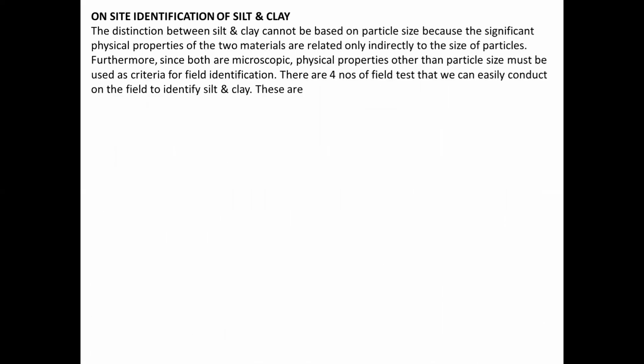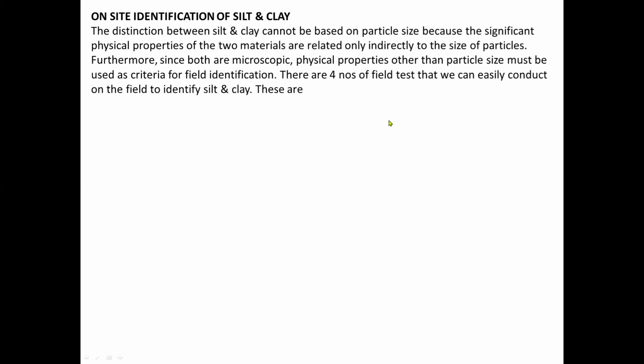On-site identification of silt and clay. The distinction between silt and clay cannot be based on particle size because the significant physical properties of the two materials are related only indirectly to the size of particles. Furthermore, since both are microscopic, physical properties other than particle size must be used as criteria for field identification.